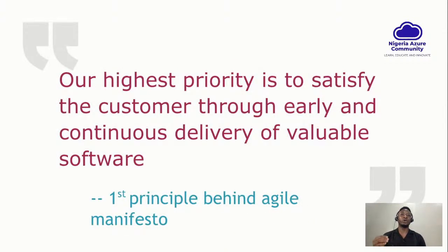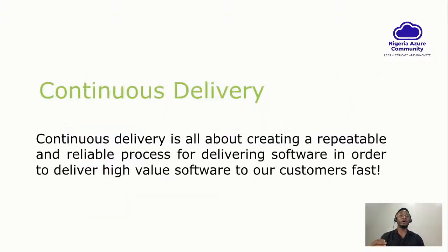So the highest priority, this is the first principle behind the agile methodology: our highest priority is to satisfy the customer through early and continuous delivery of valuable software. However, this is a time block approach, and this would usually take between 10 to 14 days. However, with DevOps, we have something called continuous delivery.